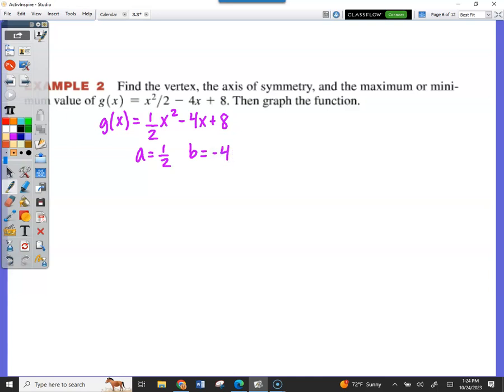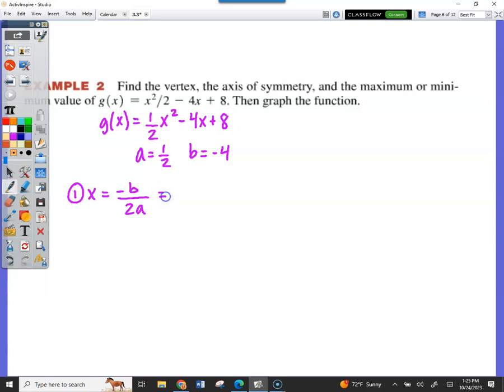We're going to use the intuitive way to find the vertex. First, find the x-coordinate. Negative b over 2a is the formula you're going to have to memorize. You're going to have to know when to use that, okay? Negative b over 2a. All right, let's plug it in.